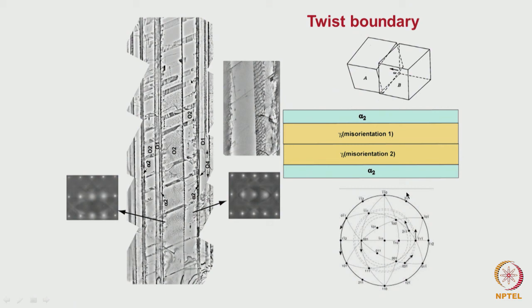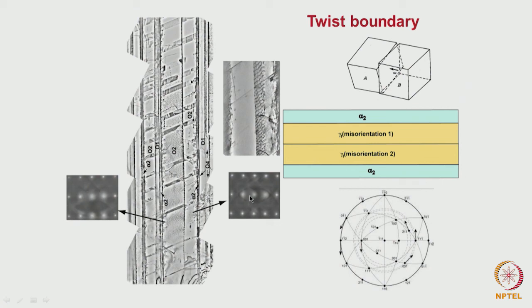Here it is the same material, and on this side and this side we have the same variant. I will not go into detail about how it happens, but finally a slight twist is generated, a twist boundary is generated. These two misorientations can be seen using diffraction patterns, essentially the Kikuchi patterns.